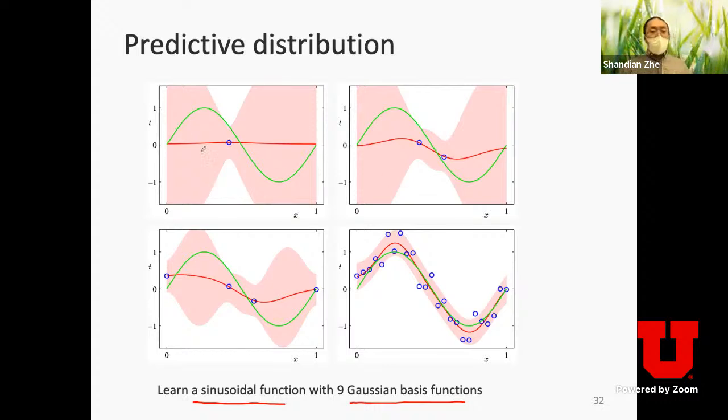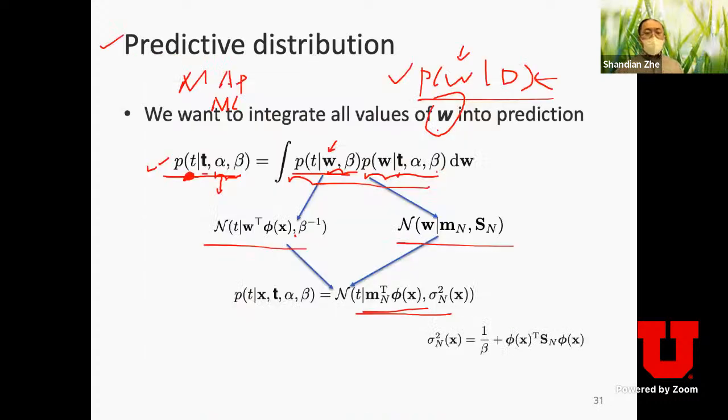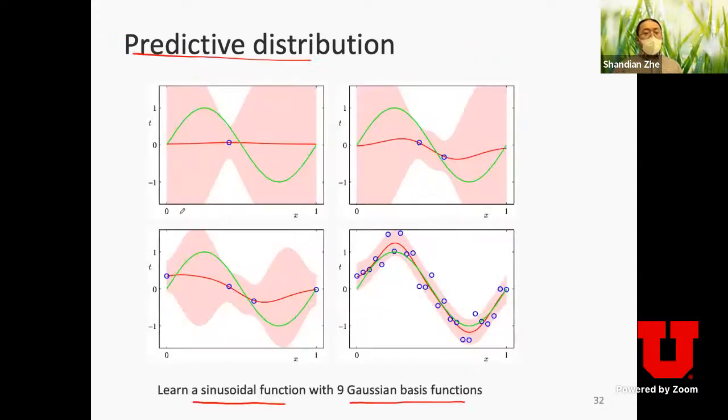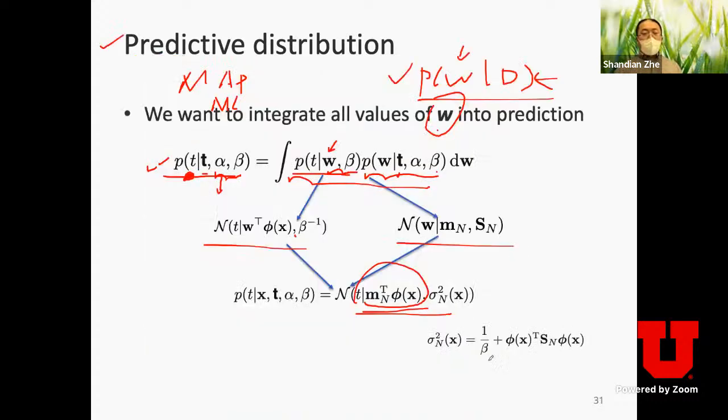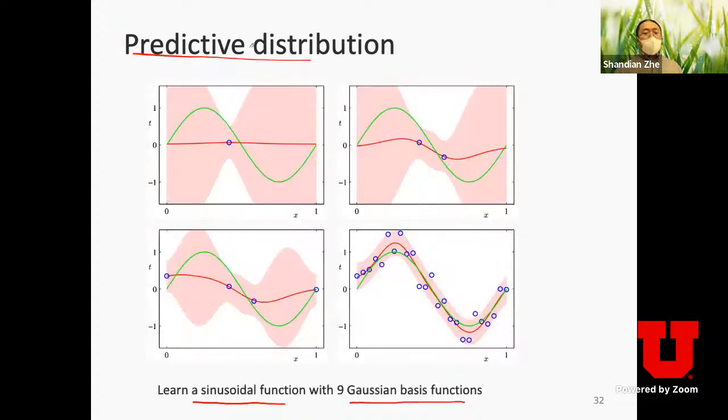The red curve is the mean of the predictive distribution, here m_N transpose phi(x). We also draw, at each point in this input range, the predictive variance, which is given here. The shaded region indicates the predictive mean plus or minus the predictive standard deviation. From that, you can see how uncertain your prediction is at different inputs.